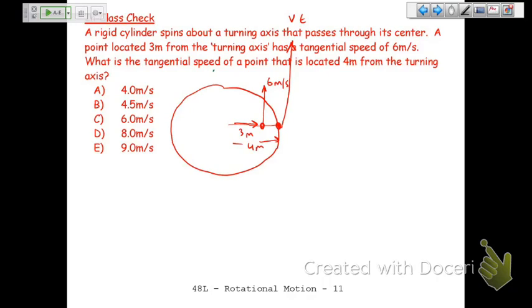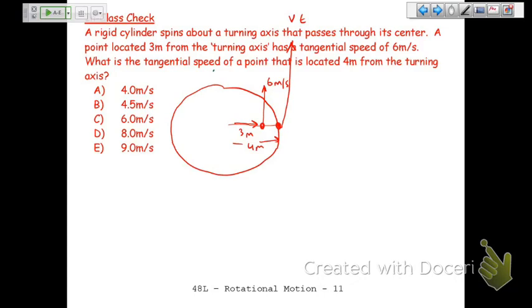I need an equation. I need something to be constant during rotation. That's to do with this. All points on a rigid disk have the same angular displacement, angular velocity, angular acceleration. It's angular velocity I'm concerned about here, isn't it?